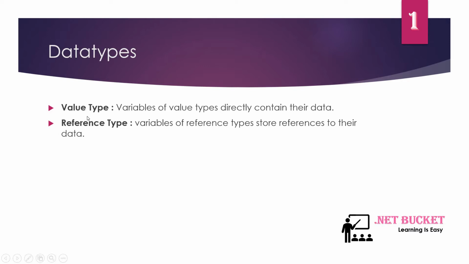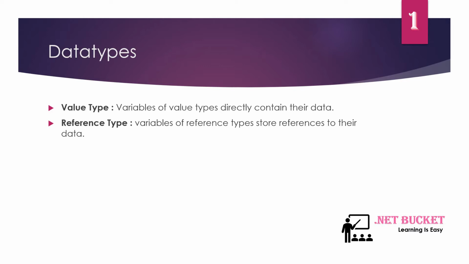A value type will store the value of the data directly into the variable, but in a reference type that is not the case. It will store the data in a memory location, and that memory location reference or pointer will be stored in the reference type variable.